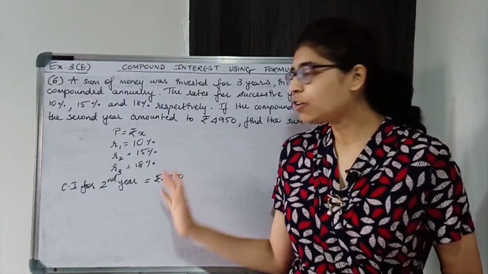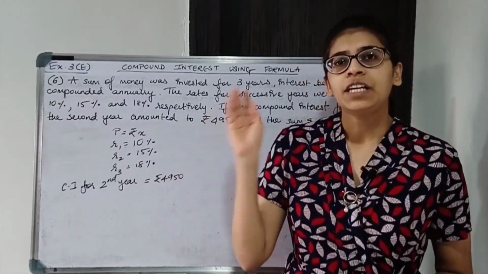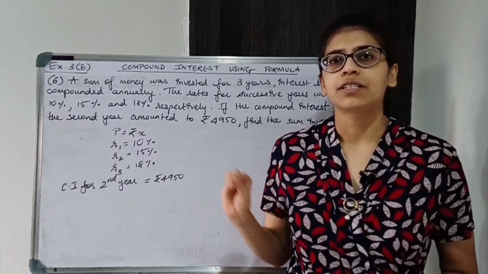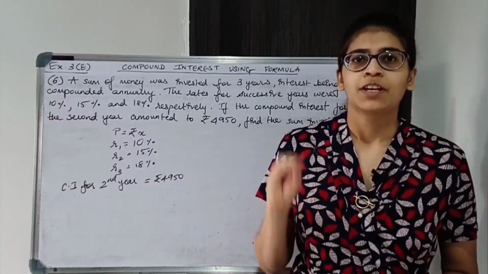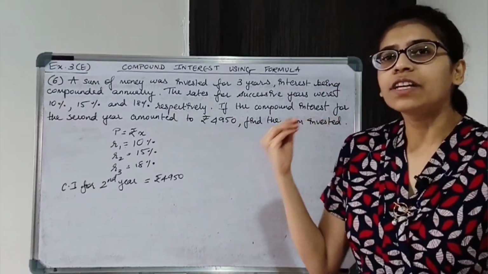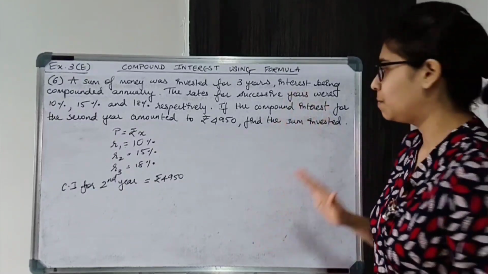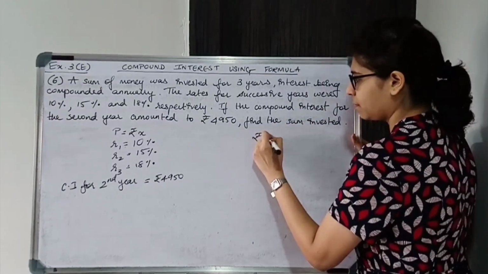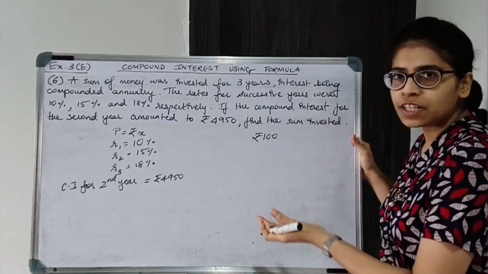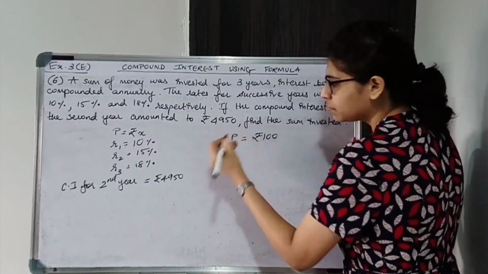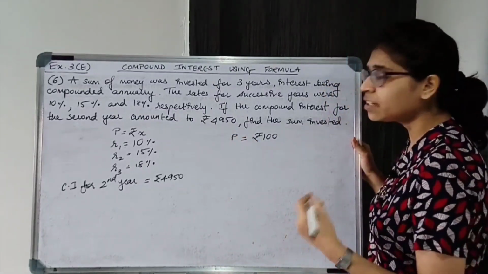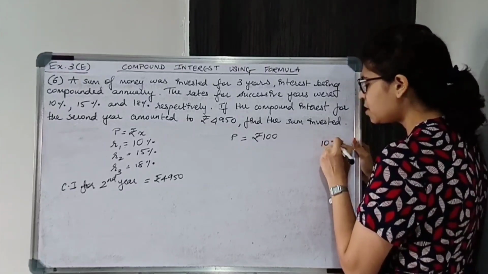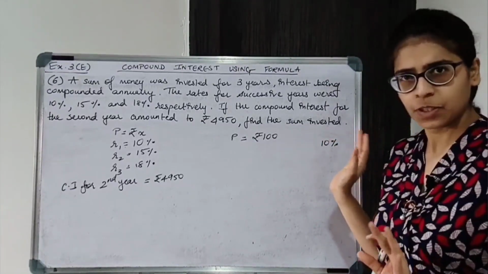Now before moving on with the question, let me give you an example. It will help you in understanding how to solve the question. So let's say you have invested 100 rupees. The money that you invest is nothing but principal. Now let's say the rate of interest is same throughout, 10%.